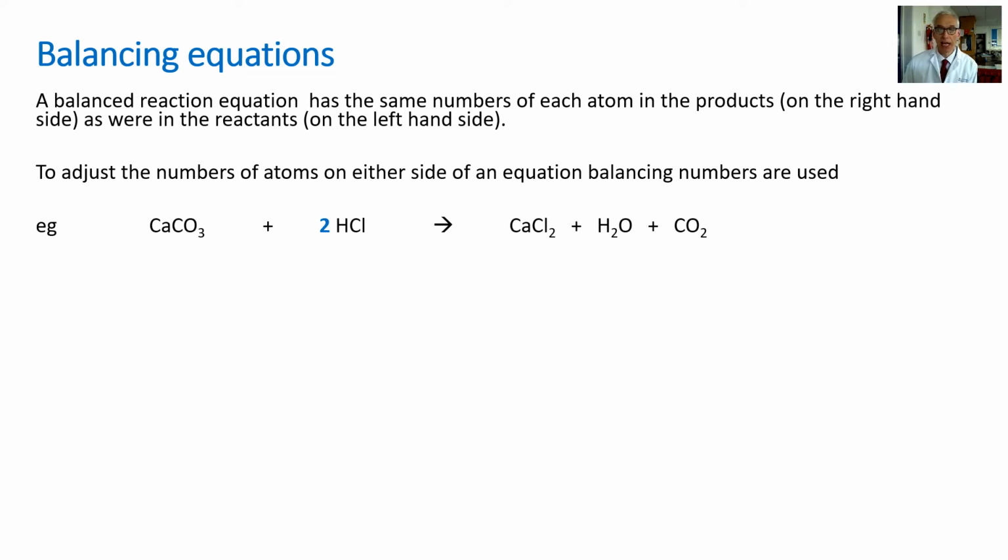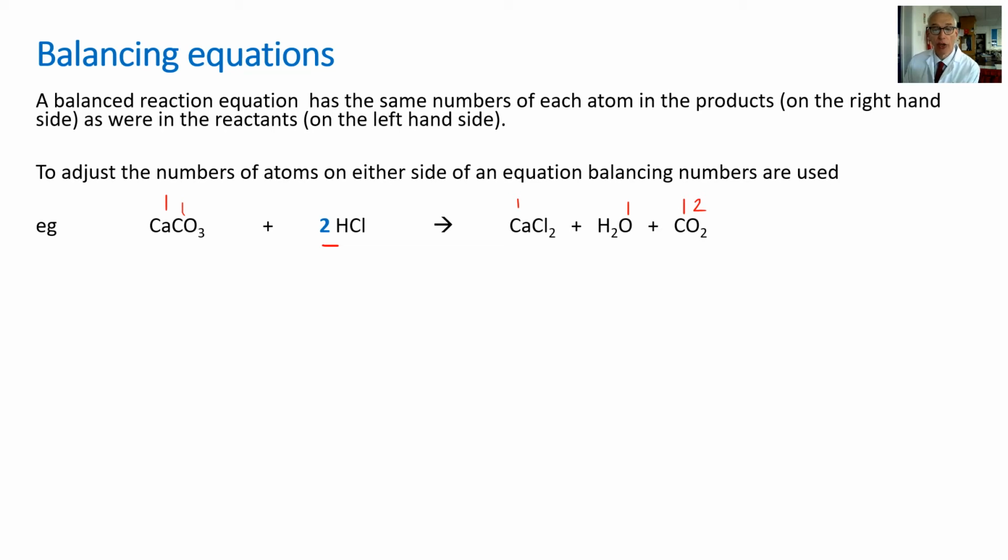Now the balancing number is the 2 that goes in front of the compound formula. We've got 1 calcium, we've got 1 calcium, so we're balanced for calcium. We've got 1 carbon, we've got 1 carbon. We've got 3 oxygens, well we've got 1 oxygen here and 2 oxygens here.